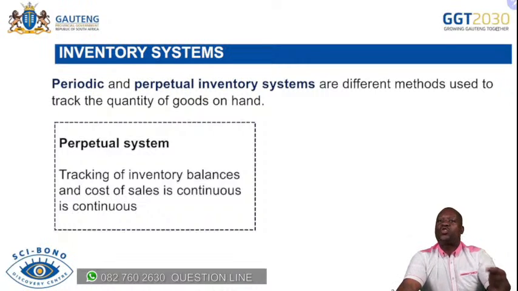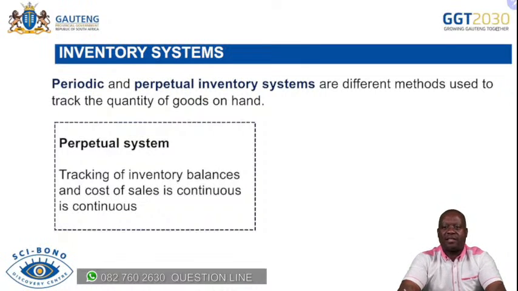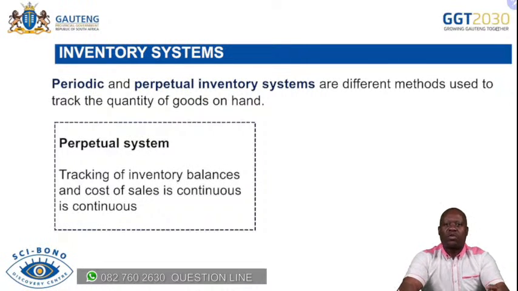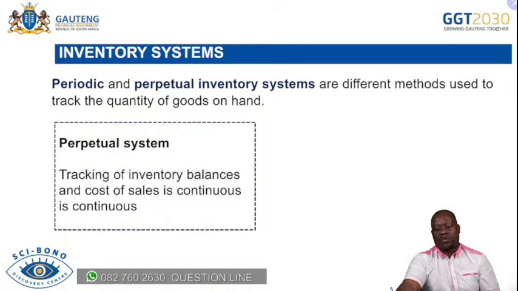What they are not showing you, which is playing behind the scenes, is they can also see what is the cost of those same goods that they are selling to you. So they are calculating cost of sales, they are calculating sales. They are continuously updating their stock.